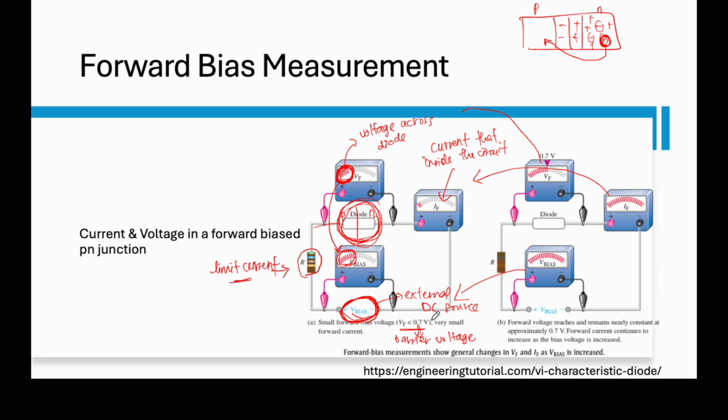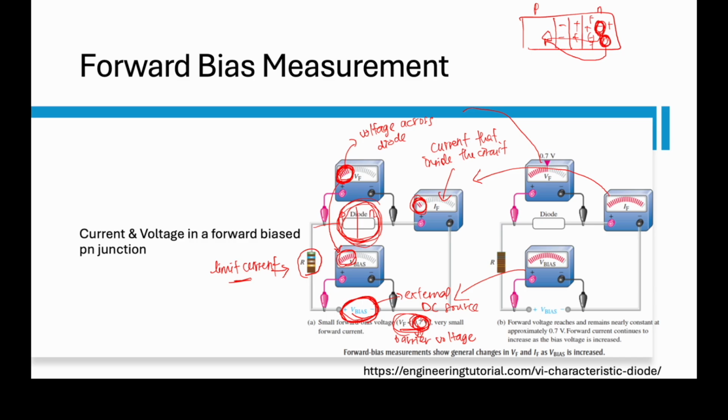So it is the minimum voltage that allows the free electrons at the N region to diffuse to the P region. Since it is not enough yet, being lesser than 0.7, the current that flows inside the circuit is not so high.